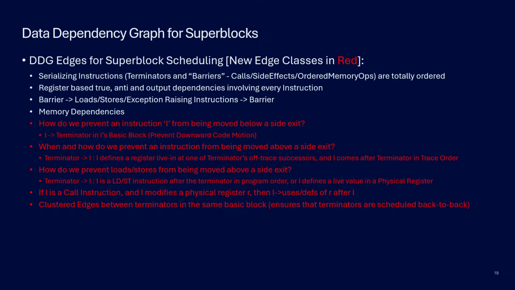So the instruction scheduler tries to separate the producers and consumers as much as possible. But that's not good for register allocation. Why?